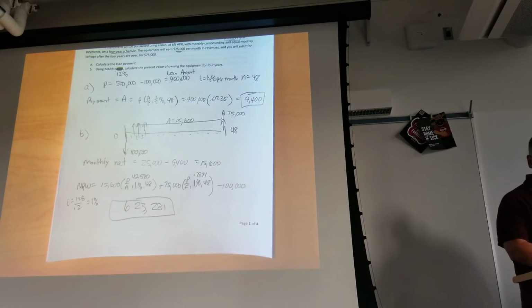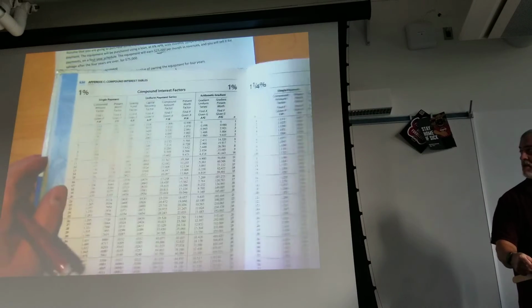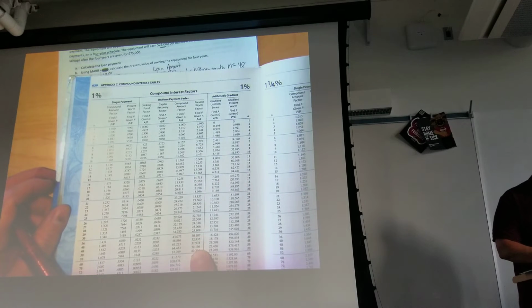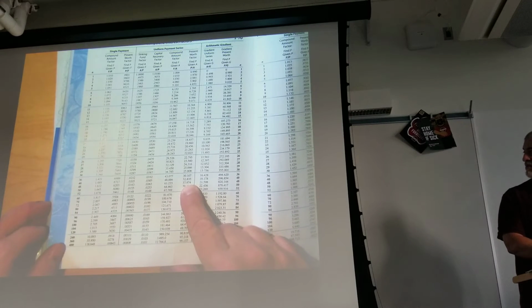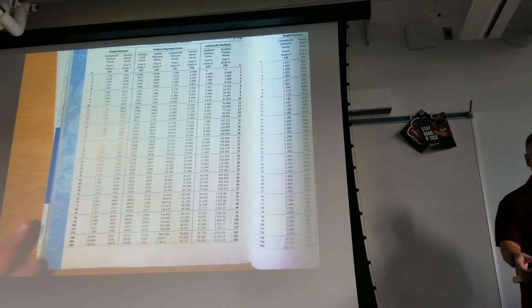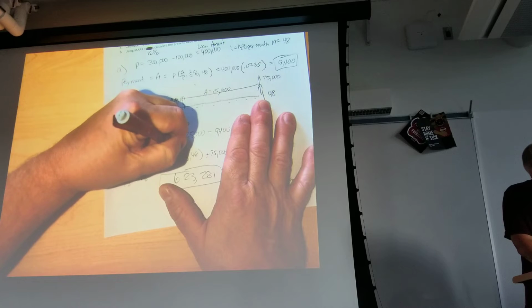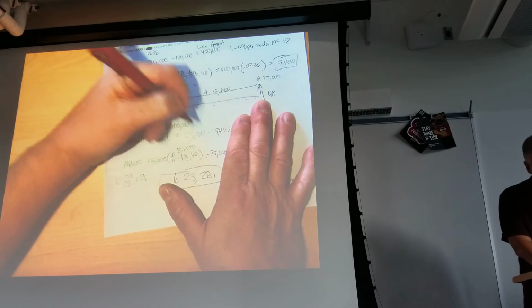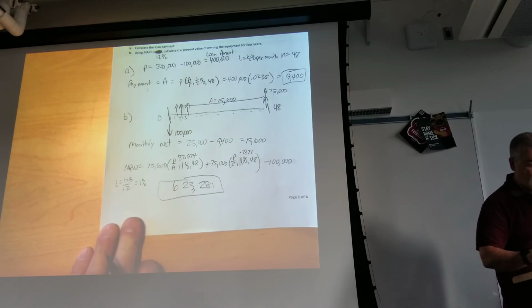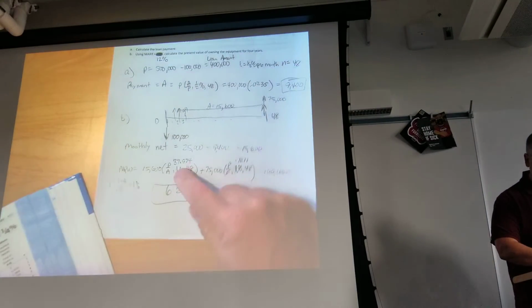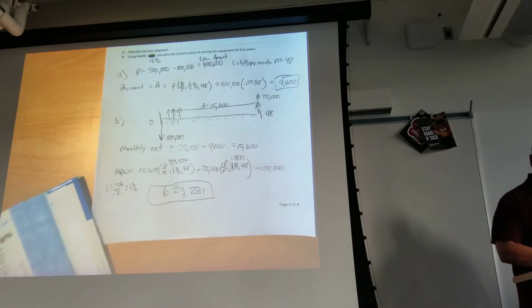Okay, so, P over A for 48 periods on the 1% table. 1% P over A, 48, 37.974. And now they won't be reciprocals because we're using a different percent, so don't try that. Okay, so, P over F, this won't be a reciprocal of that because of a different percentage.